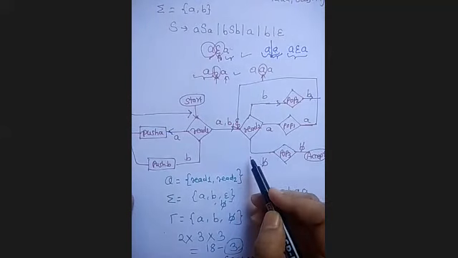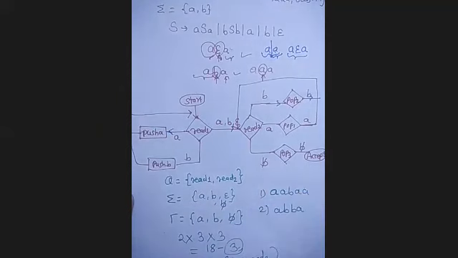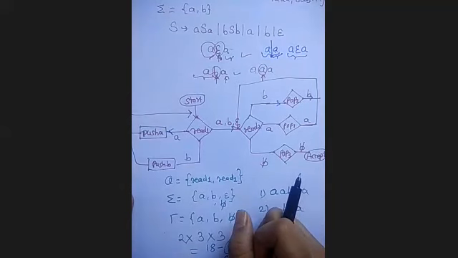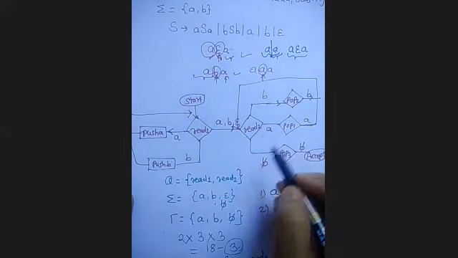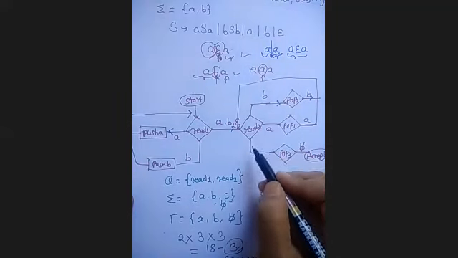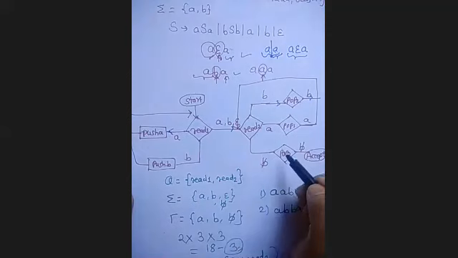In read 2, when you get the blank at the end, you always have to check whether your stack is empty or not. As we have seen, there are two ways: acceptance by final state and acceptance by empty stack. In our examples we have considered acceptance by empty stack, so in read 2, after reading blank, you also check whether the stack is empty or not.